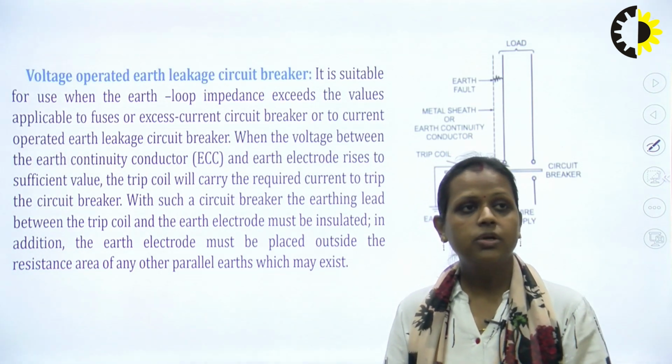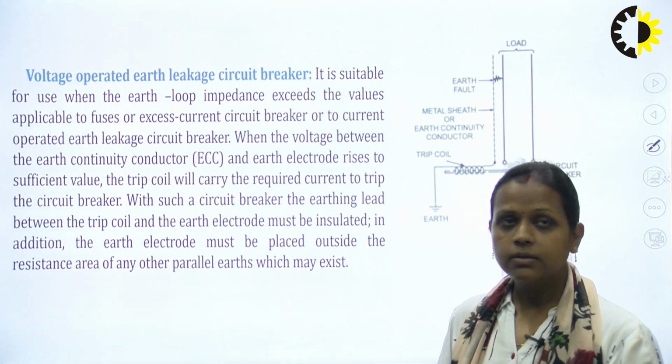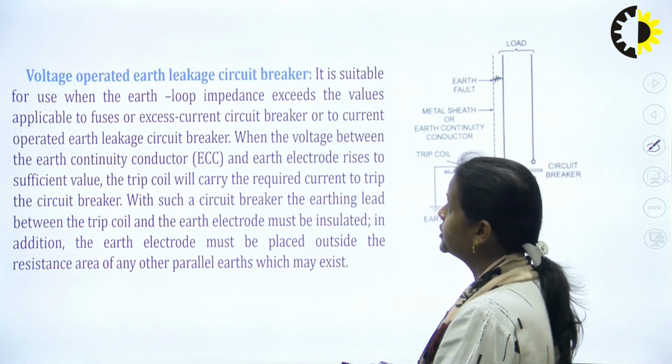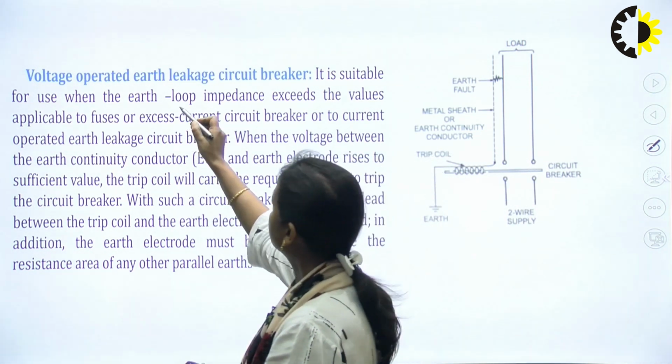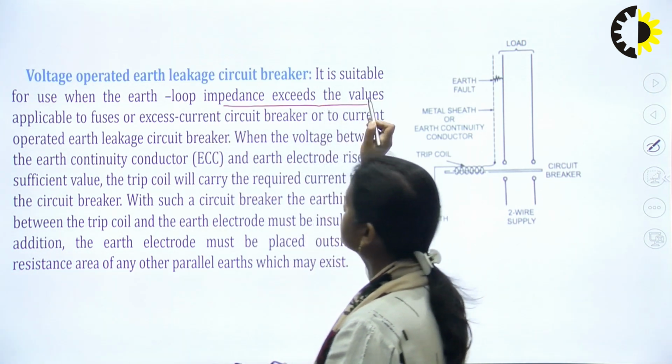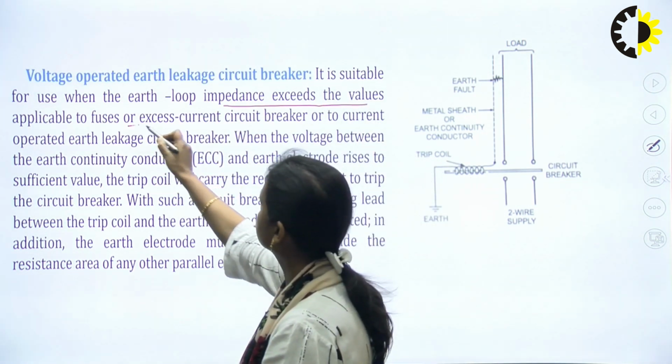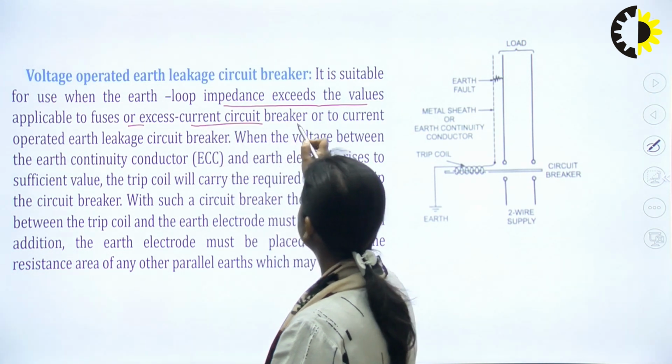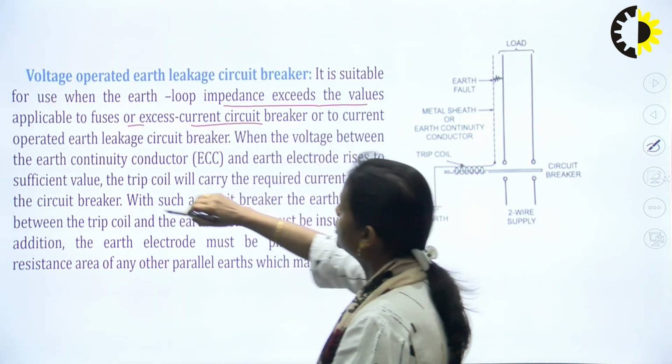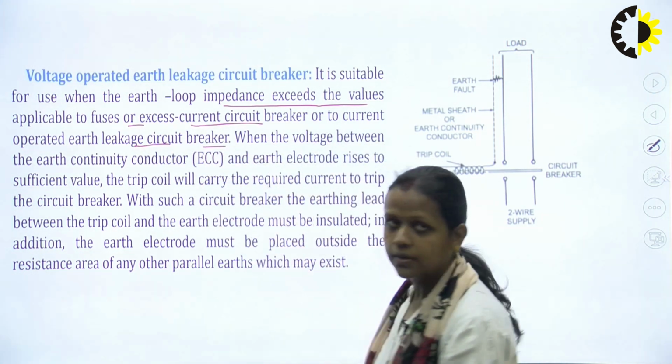The next is the voltage operated earth leakage circuit breaker. It is suitable for use when the earth loop impedance exceeds the value applicable to fuses or excess current circuit breaker or to current operated earth leakage circuit breaker.